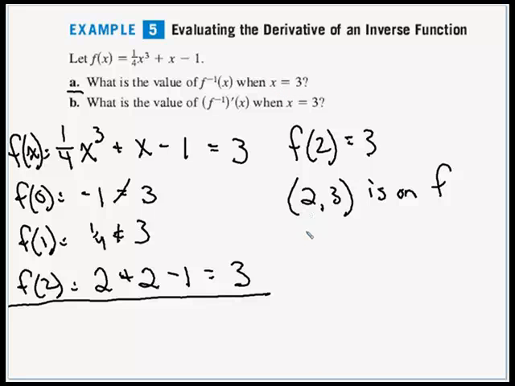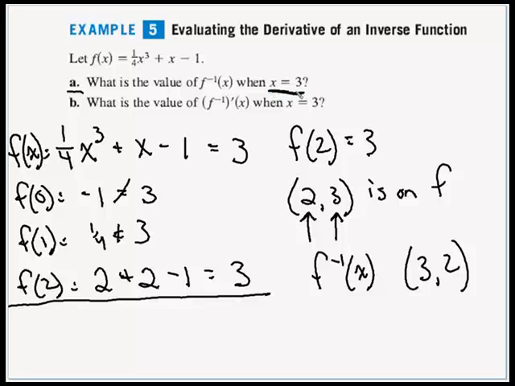Well, remember this is our original function, we put in a 2 and out comes a 3. If we reverse that point for the inverse function, f inverse of x has the point 3 comma 2 on it. And that's what they're asking us here. What value comes out of the inverse when we put a 3 in it? Well, out pops a 2. That's our answer, 2.